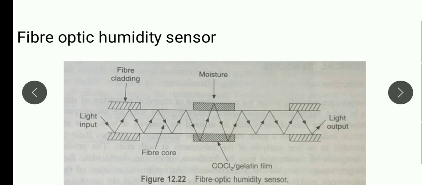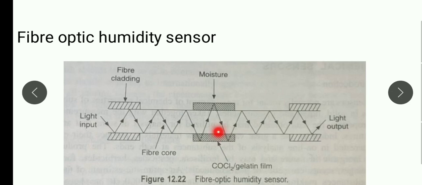So we are going to detect those wavelengths at the outside and calibrate them against my humidity. As the external humidity changes, the moisture content of the film changes, thus the light output from the fiber will be attenuated at that particular wavelength.